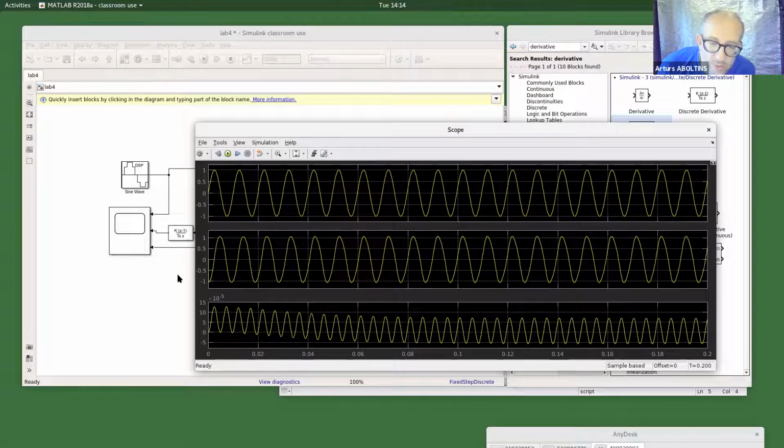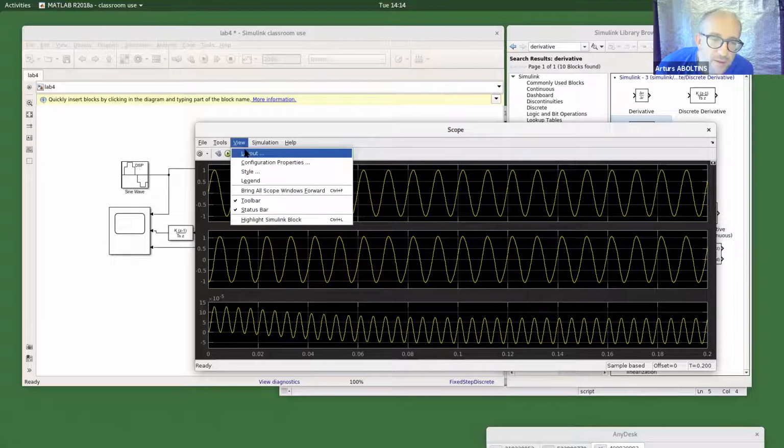So what we could do also, we could join those two together. How to do it? Unfortunately, MATLAB doesn't allow controlling which signal goes to which axis.